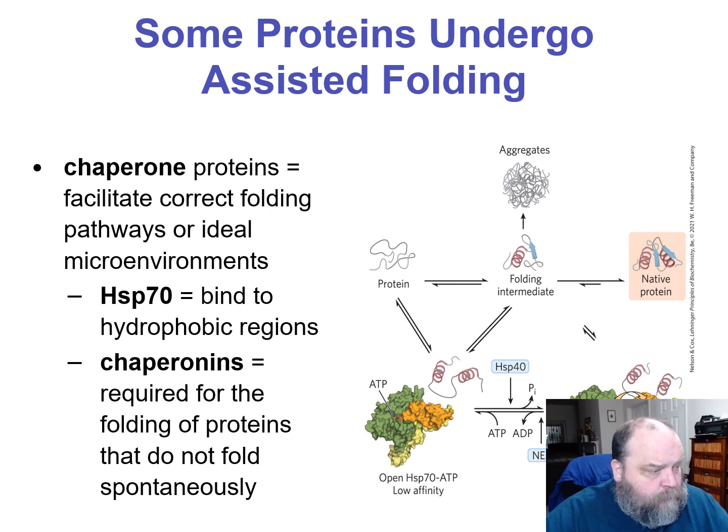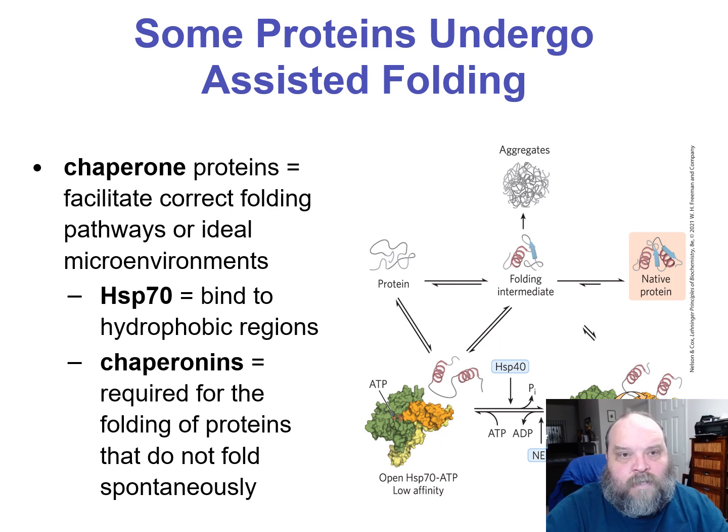But those chaperone proteins, you look at the figure in the textbook, or in the slides, your handouts. A great example of these is HSP70. HSP, heat shock protein. They got that name because they noticed this family, remember family from the previous lecture, this family of proteins became active when cells were put under stress.